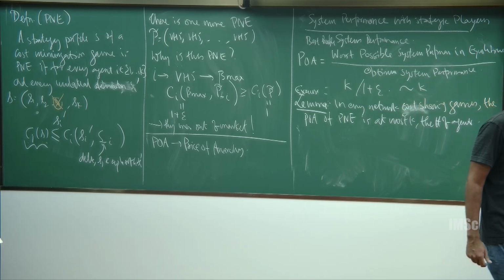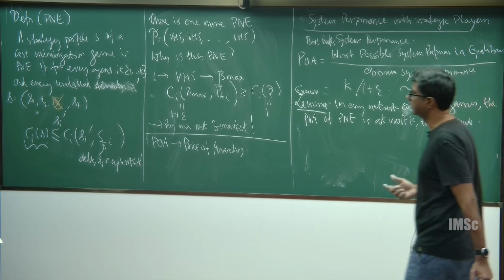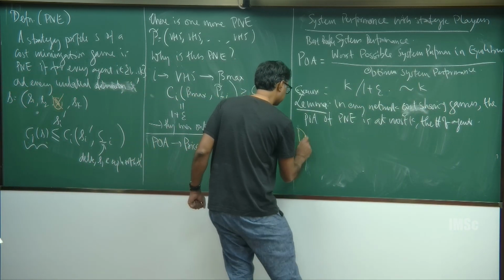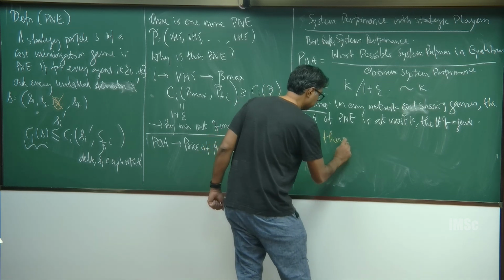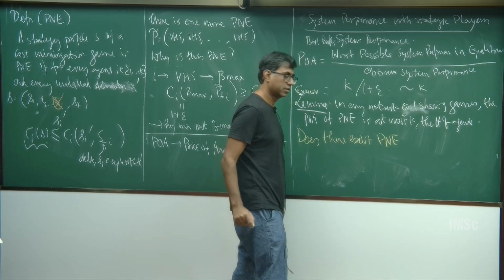But the natural question could be, every one is not worse than the number of agents, but does there exist some pure Nash equilibrium which is not as bad as K, but slightly better than K, or maybe close to optimum? You understand. So, the question which drives this theory is, does there exist a pure Nash equilibrium that is close to optimal?